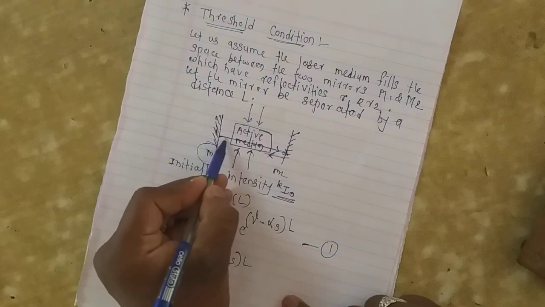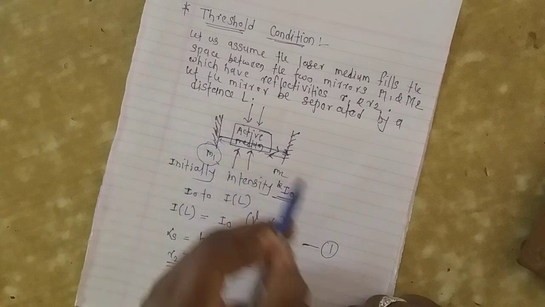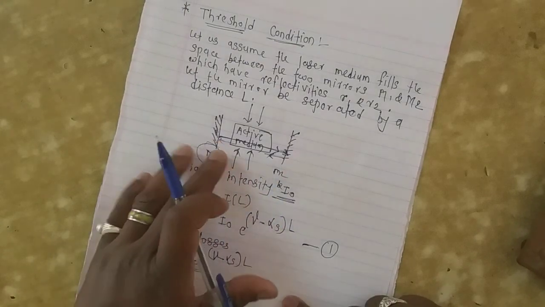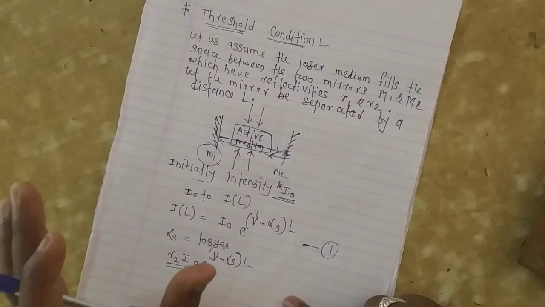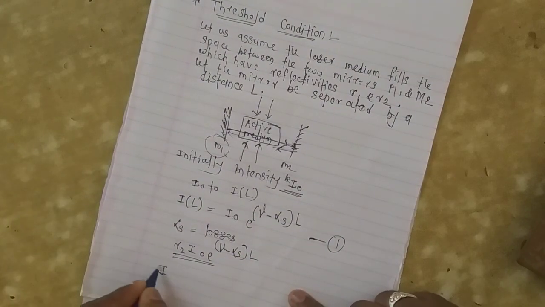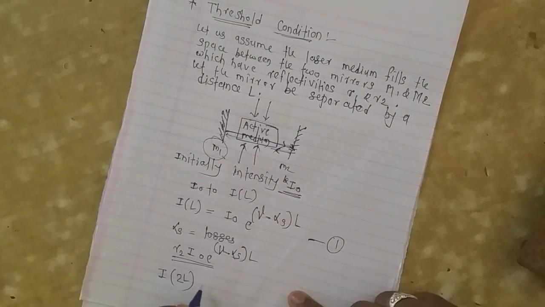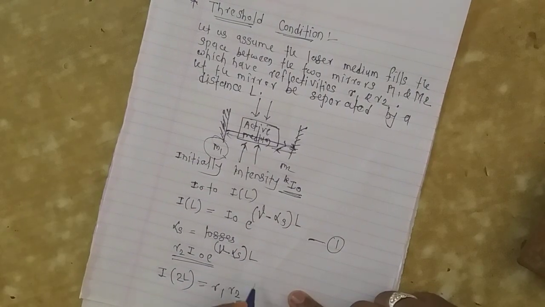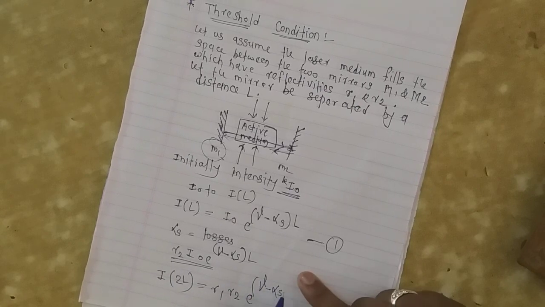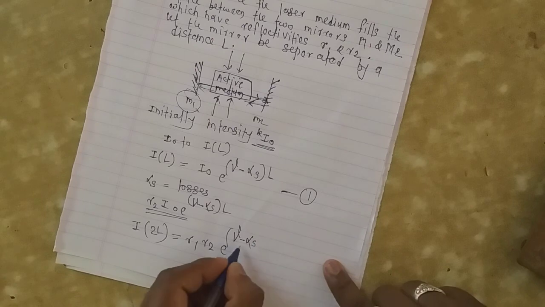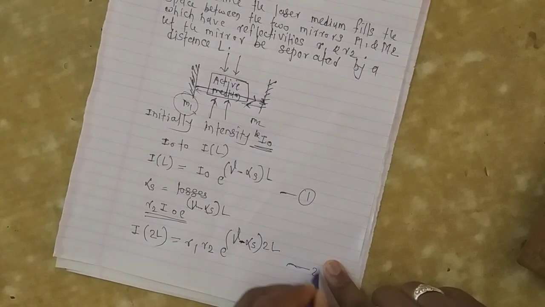Starting from that point after reflection, the light goes and is again incident on mirror M1. That is the complete round trip, and the final intensity is I(2L) = R1 R2 I0 e^((gamma minus alpha_s) 2L), equation number 2.